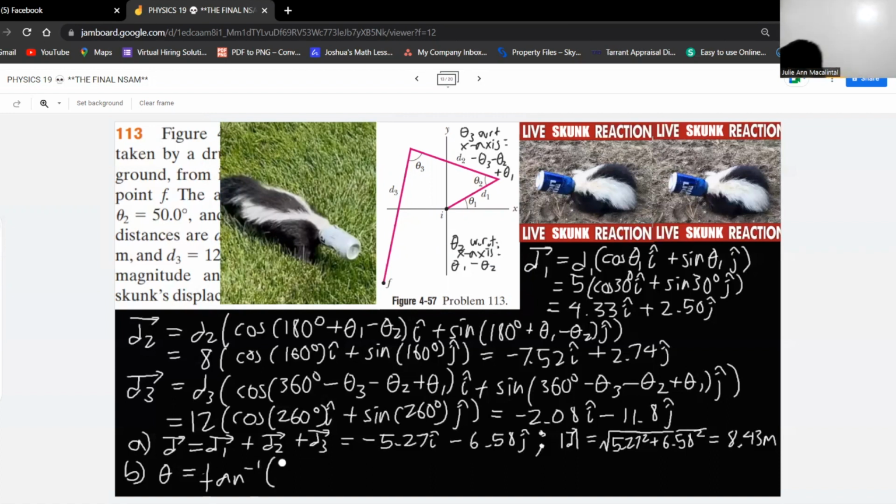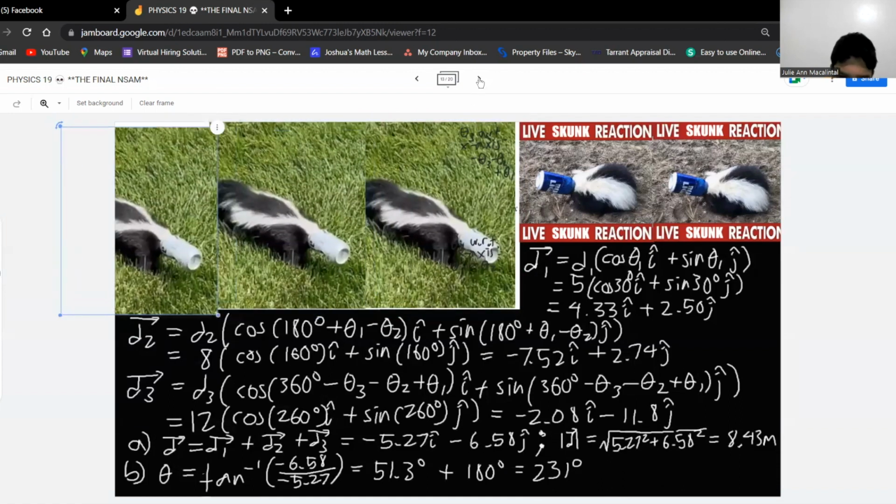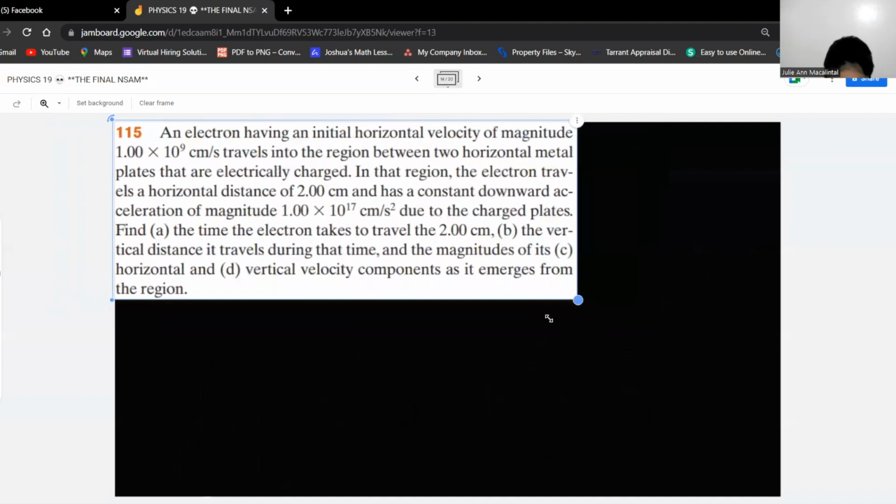So inverse tangent of 6.58 divided by 5.27 plus 180. It falls in that range. So 231 degrees.